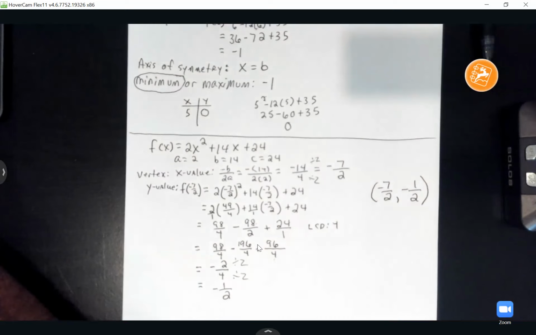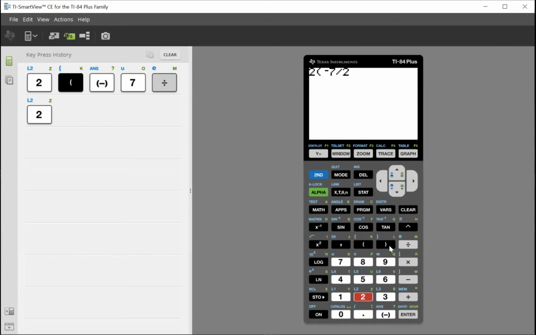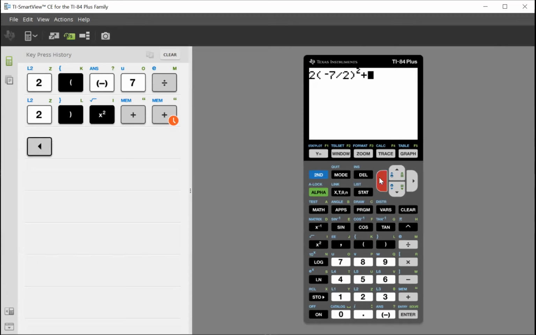But y'all, let me show you. We got calculators, right? So let me share that screen. If I was wanting to do this on my calculator, I would do my 2, then put in my negative 7 divided by 2. I'm going to square that. Then I would do plus 14 times my negative 7/2.